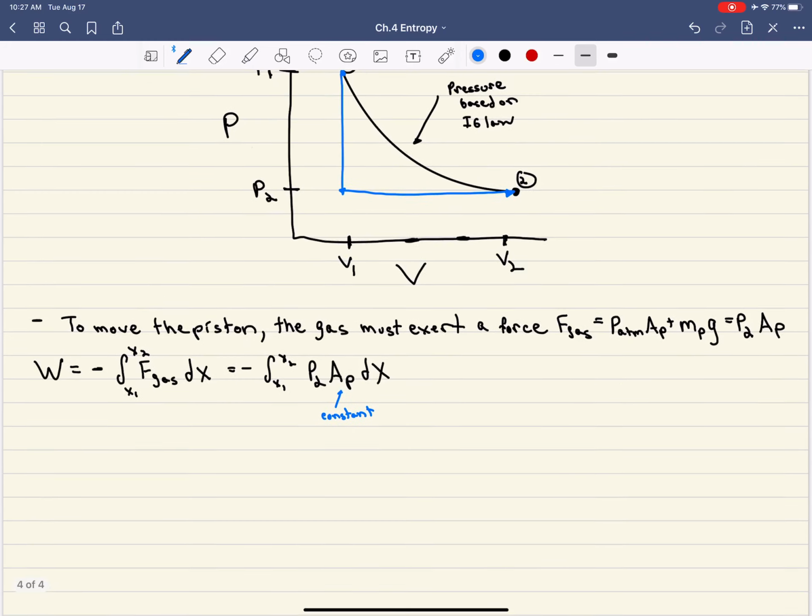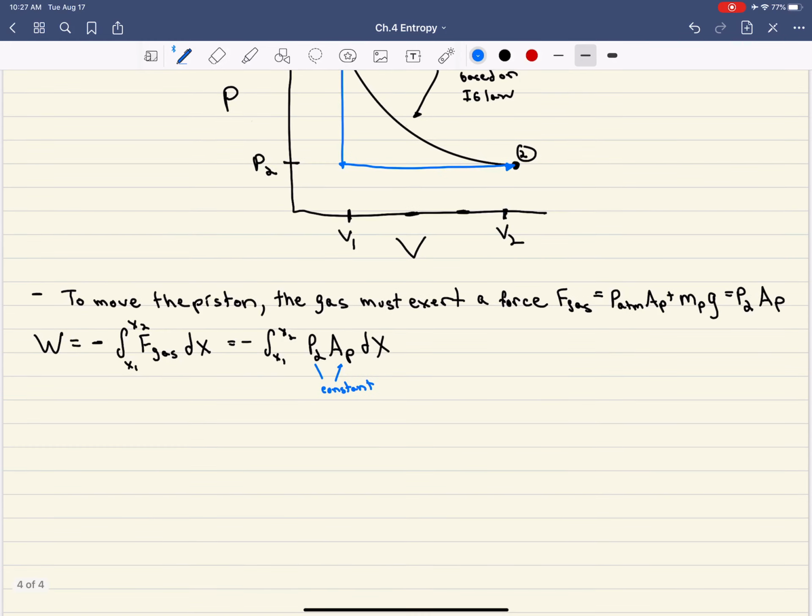And so that means in our work calculation here, the pressure P2 is also going to be a constant. Okay? And so we can pull the pressure outside of that integral.